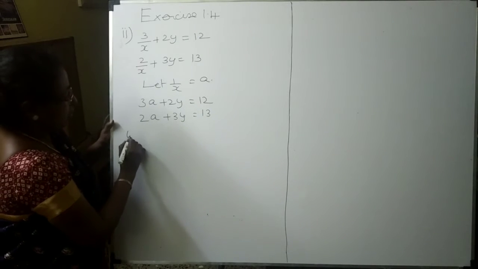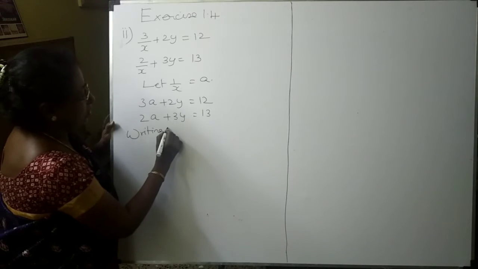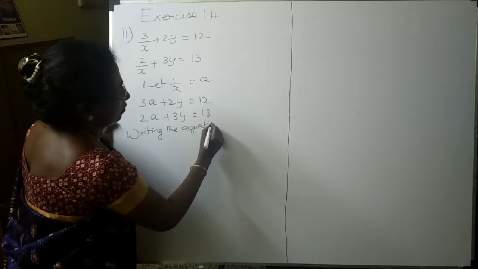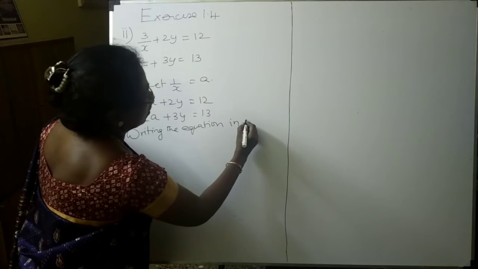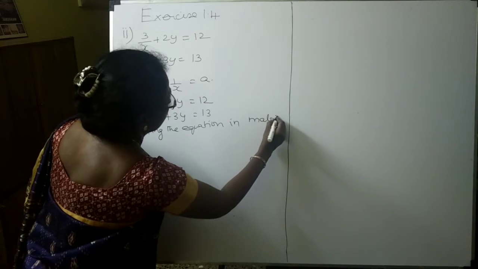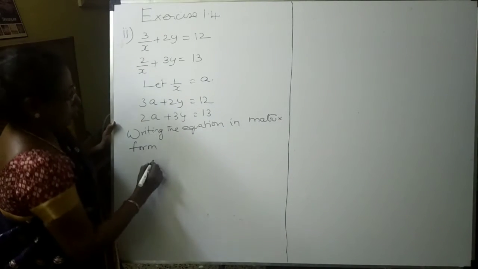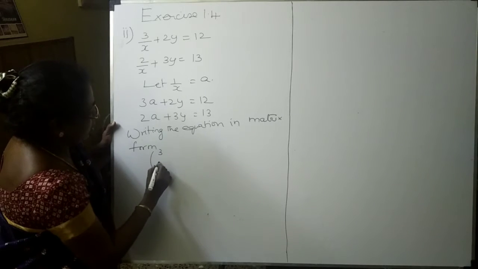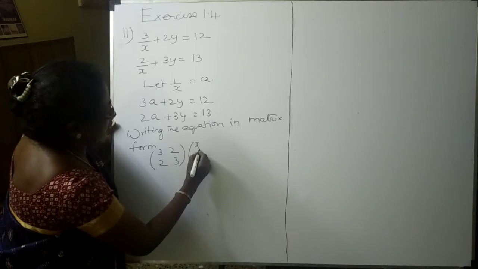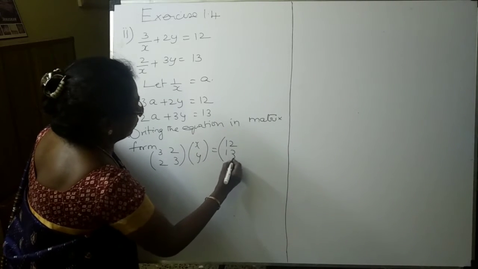Writing this equation in matrix form, we write [3, 2; 2, 3] times [a; y] is equal to [12; 13].